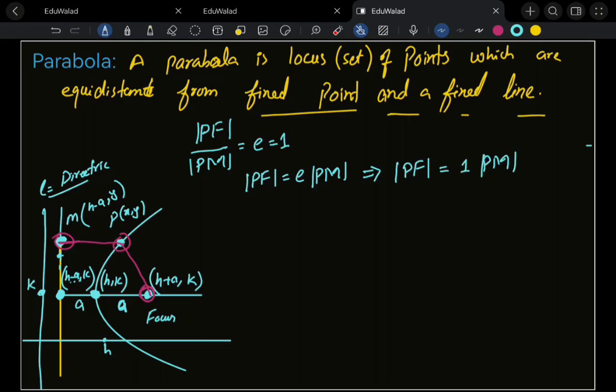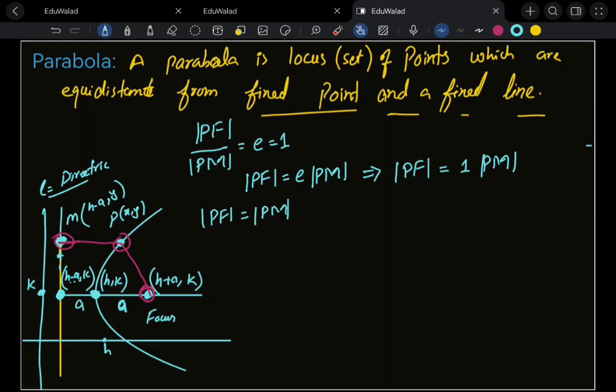Why do we need to write the absolute value? Because here we are discussing distances, and distance will always be positive, so that's why we write the absolute value. So let's say PF is equal to PM. Now we have to find the distance of PF equal to PM. If we find this distance, we will get a general form of the equation of the parabola.